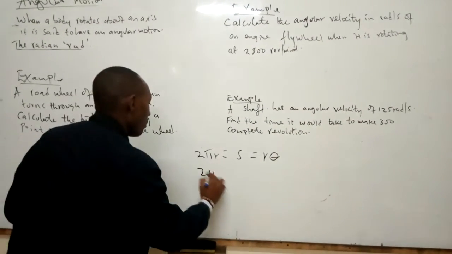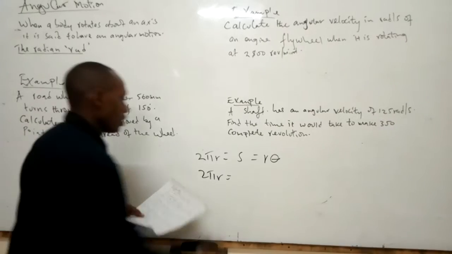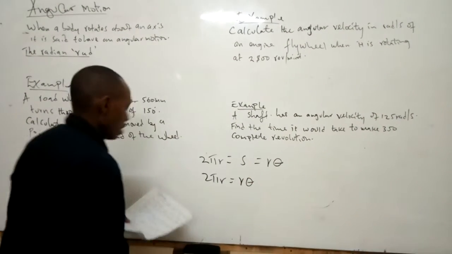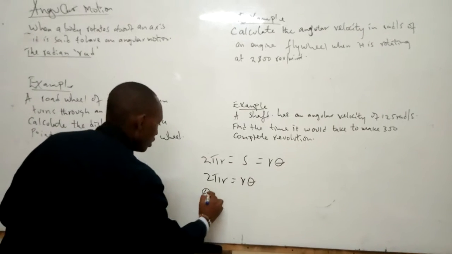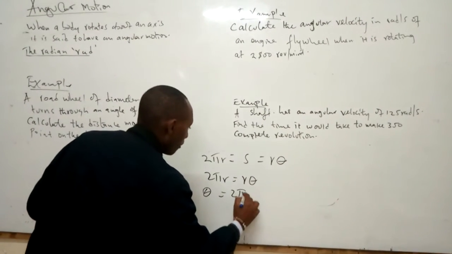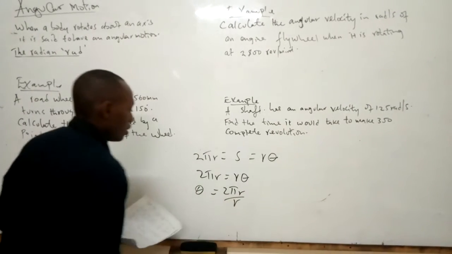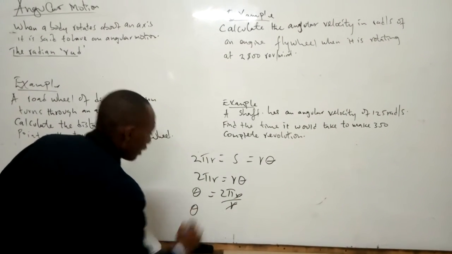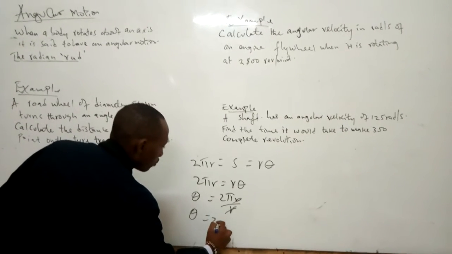So 2 pi r is equal to r theta. To get theta, it is given by 2 pi r over r. So r will go, then you get the radian is equal to 2 pi.